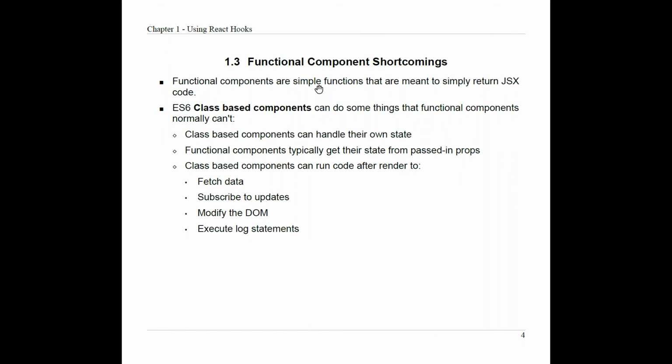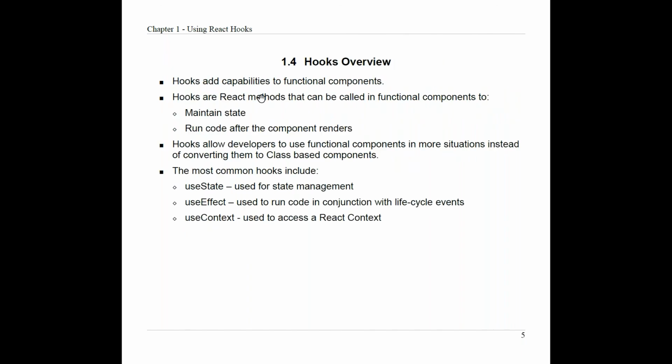That's what hooks are going to allow us to do. Some of those types of things, to hold state inside of a functional component, and to implement some of these features that are listed here, also inside of functional components. So those are the capabilities we're talking about here. Hooks add these capabilities to these components: maintaining state, running code after the component renders.